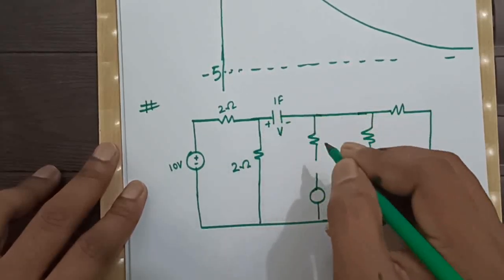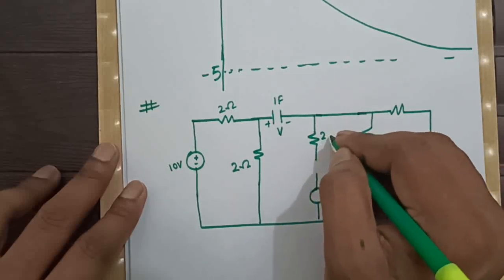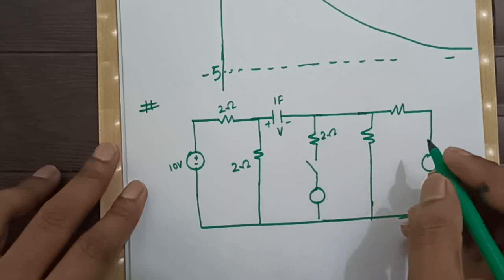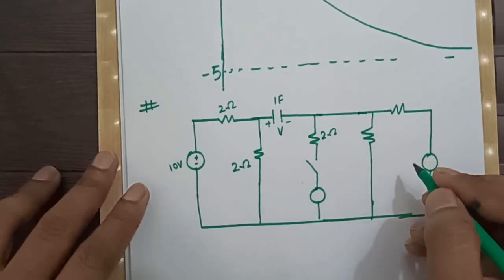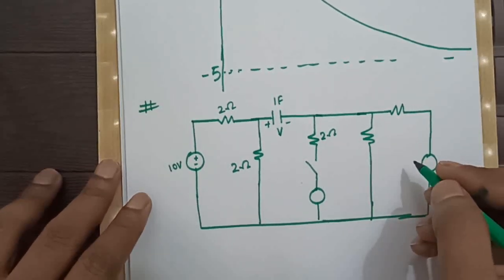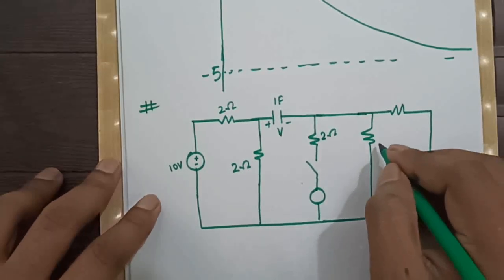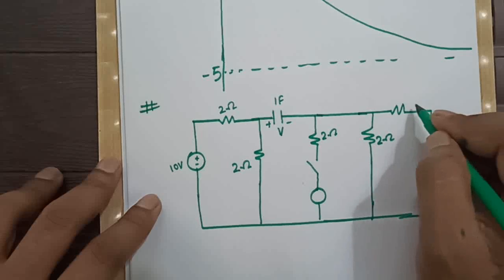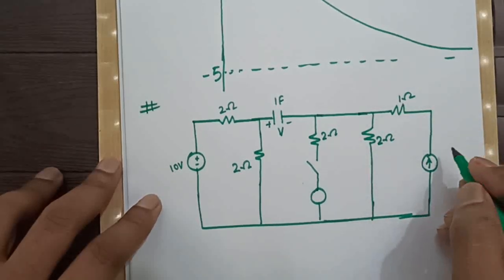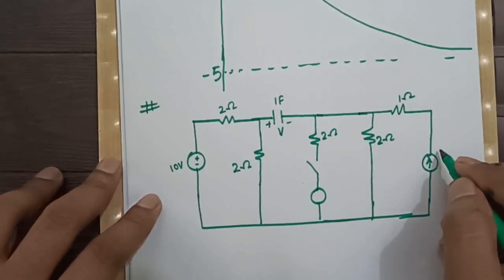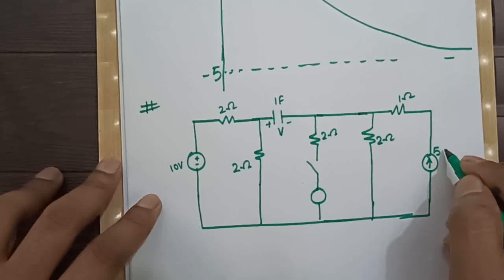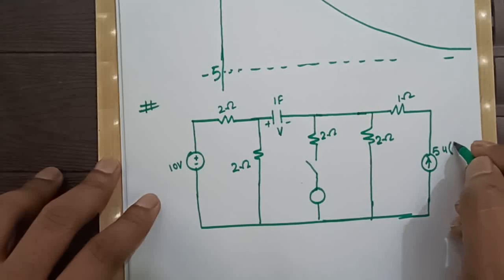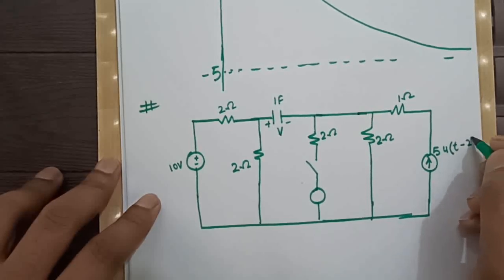Plus or minus V, this is 2 ohm, this is the switch, this is 2 ohm, this is a current source, this is 1 ohm, and the value of this current source is 5 u of t minus 2.